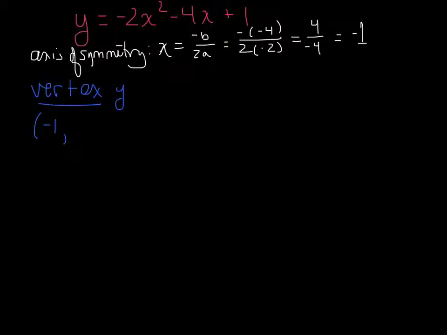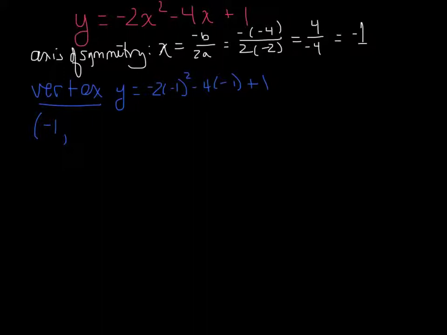So we have y equals negative 2 times negative 1 squared minus 4 times negative 1 plus 1. Whenever I plug a number into an equation, I always surround that number in parentheses. This helps me make sure that I'm doing the proper order of operations.